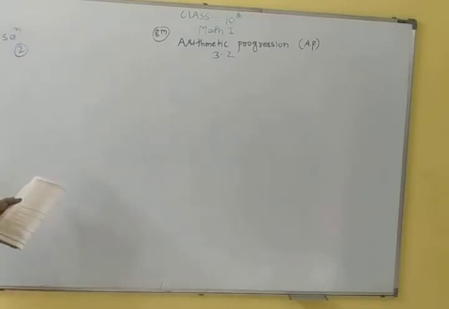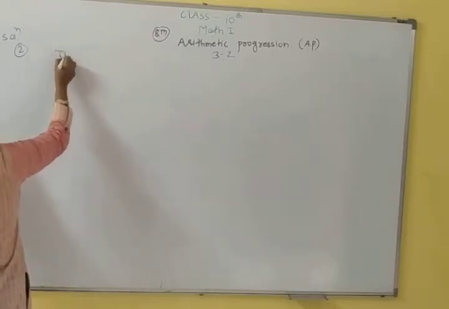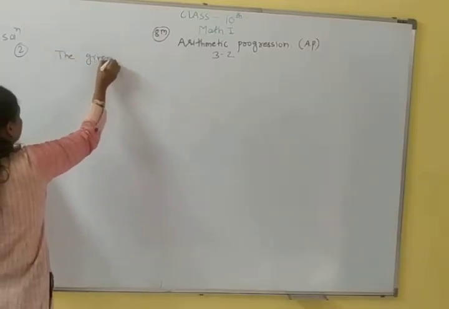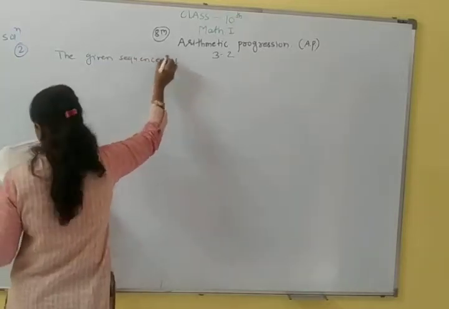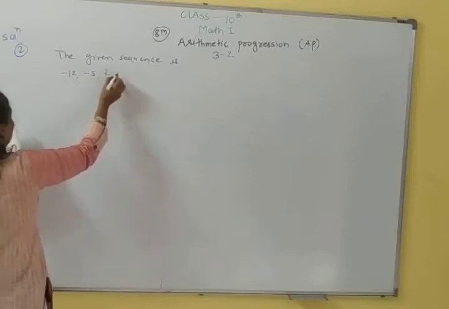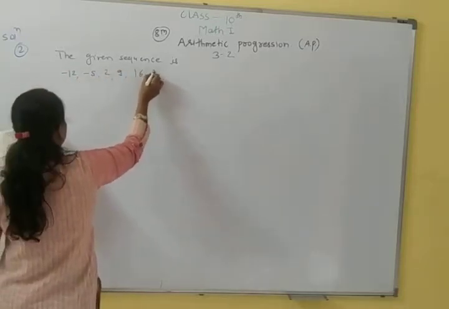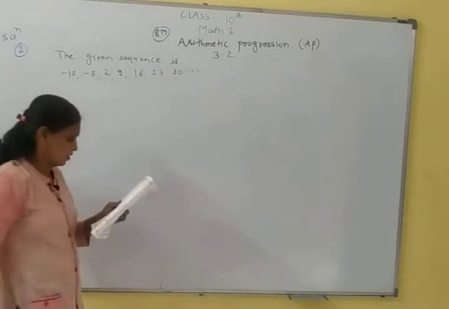Question is: decide whether the following sequence is an AP. So the given sequence is minus 12, minus 5, 2, 9, 16, 23, 30 and so on.